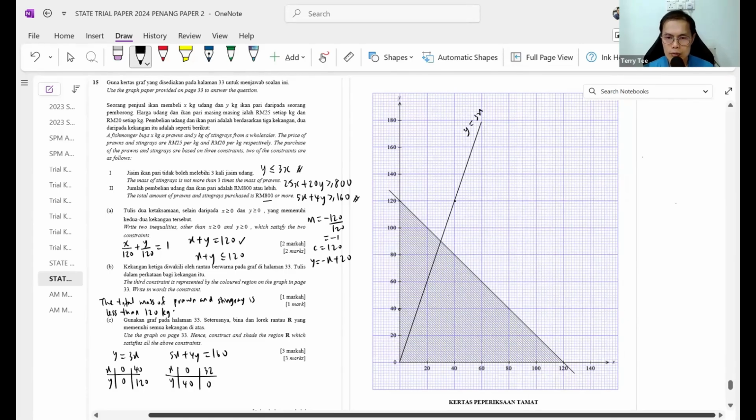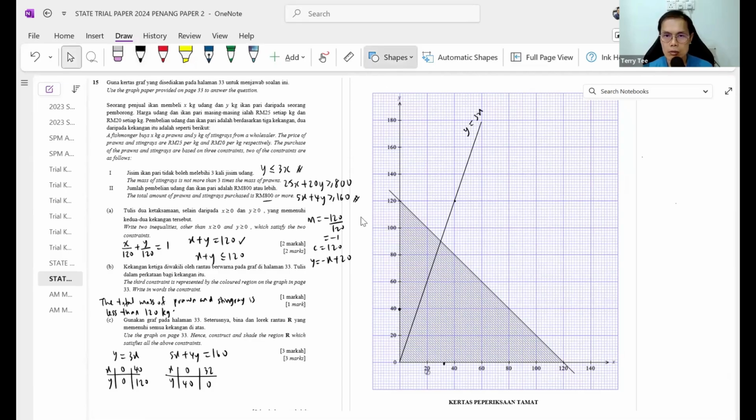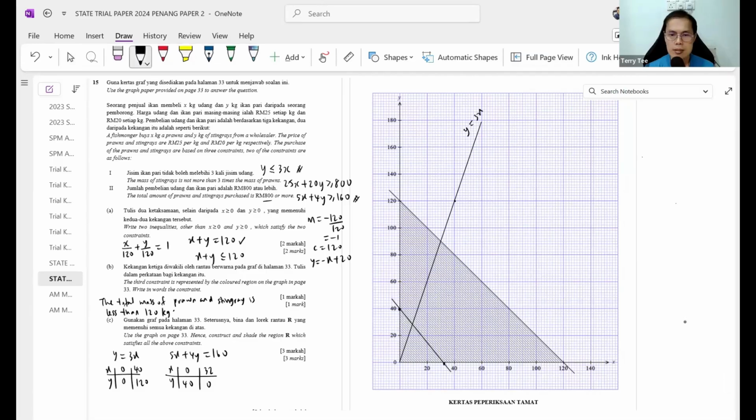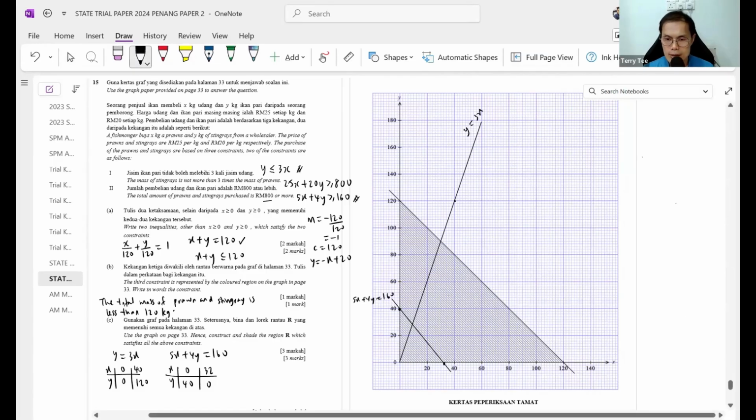So you have (0, 40), which is here, and (32, 0). 32 will be around here. So it's a very short line. You start from 40, around here. So this is 5x plus 4y equals 160.